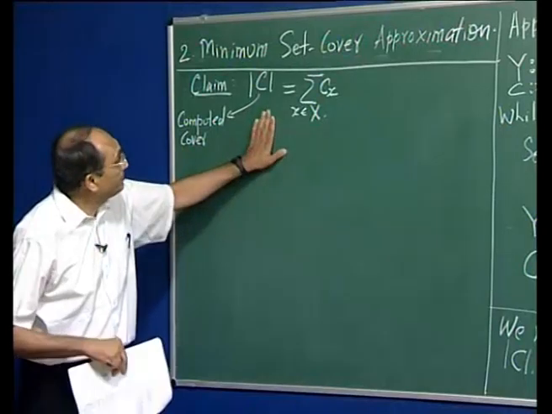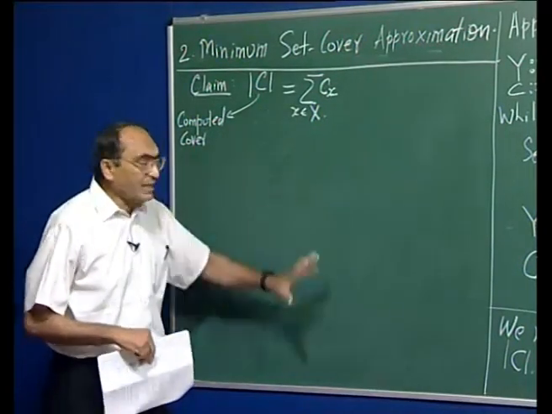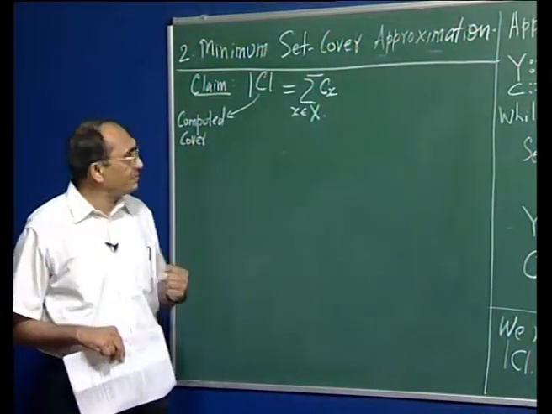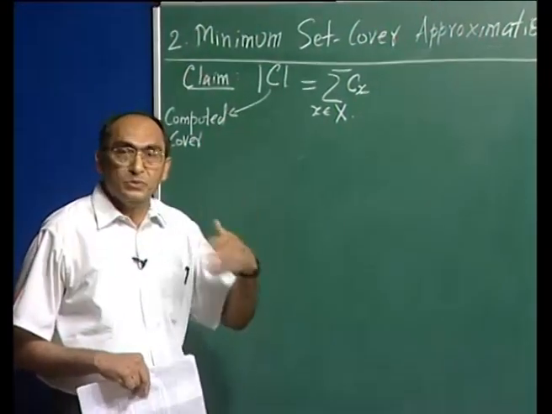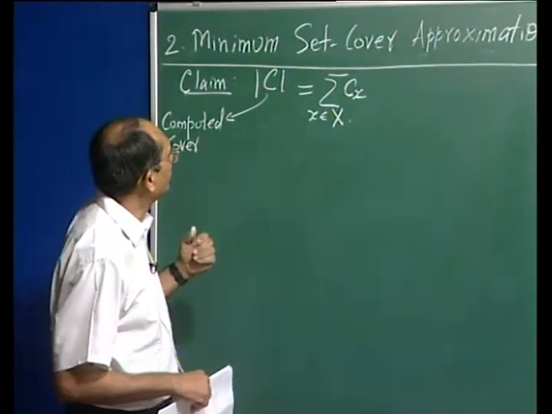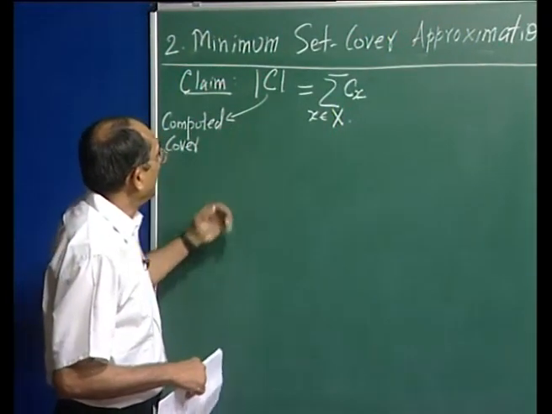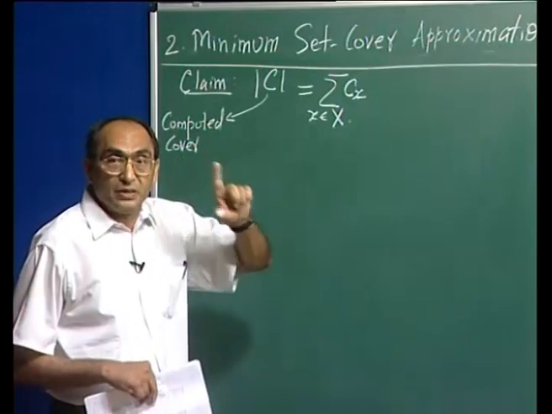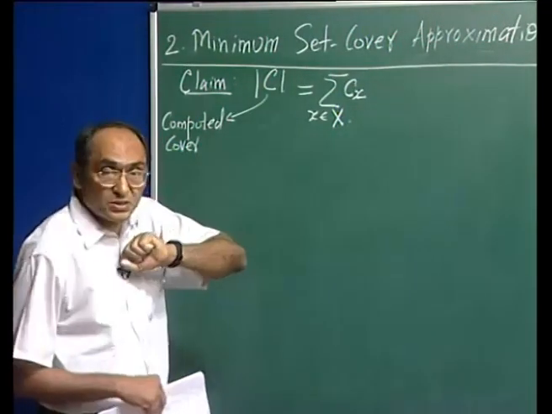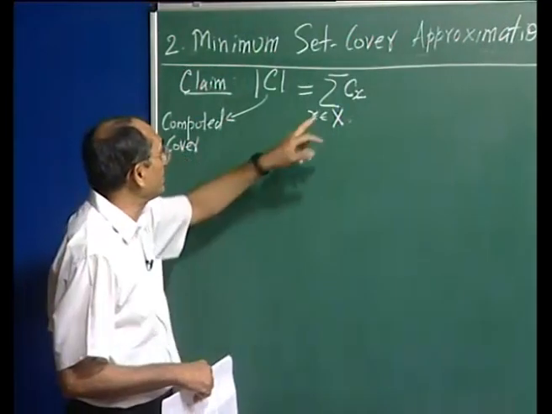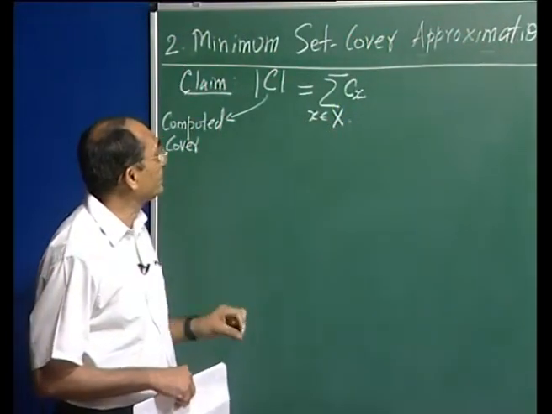The reason is, every time I picked a set, I covered some new members of capital X. The one unit of cost that I had incurred for picking that set was evenly distributed among all those members which were covered newly from this.